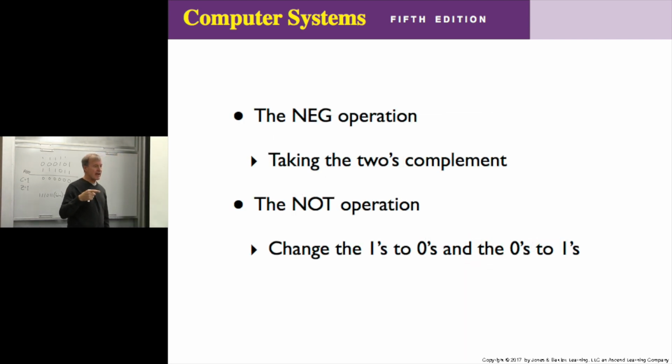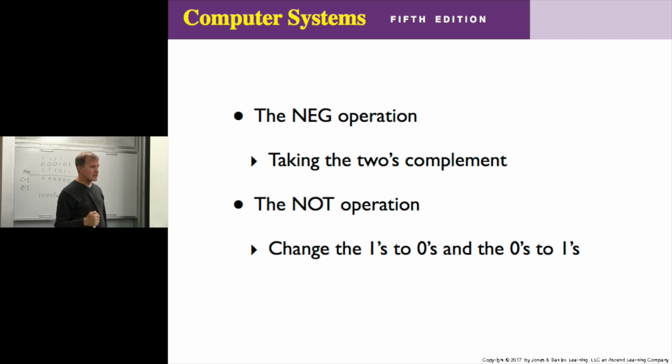To explain how the algorithm works, there are two operations that we have to know about: neg and not. What does neg mean? Negative. It means negate. Another phrase for negation is taking the two's complement.